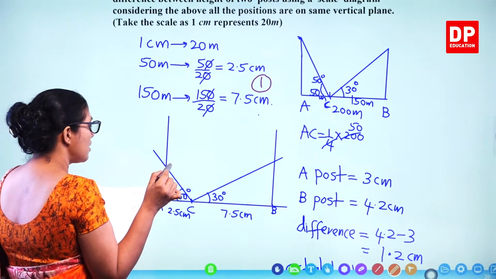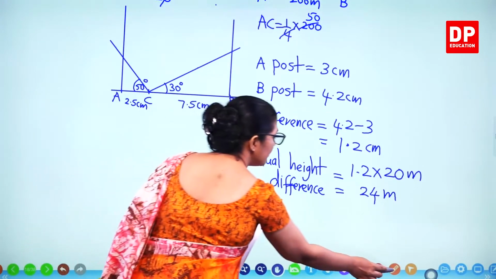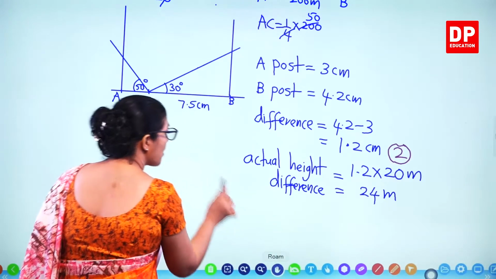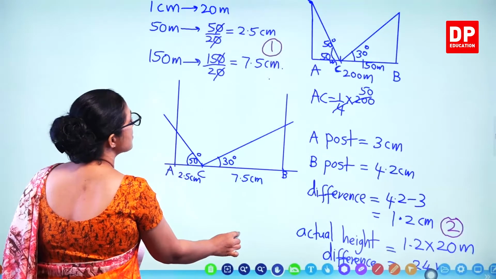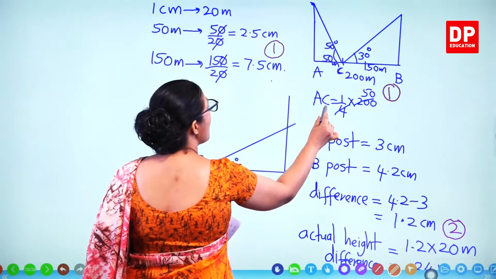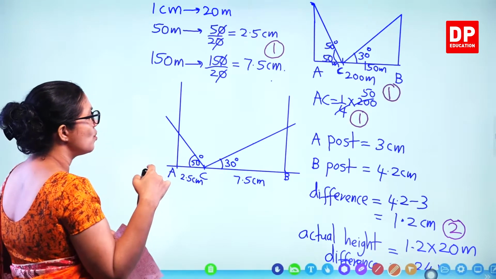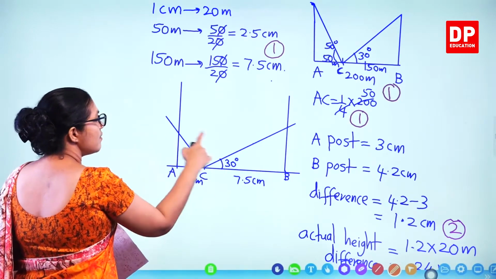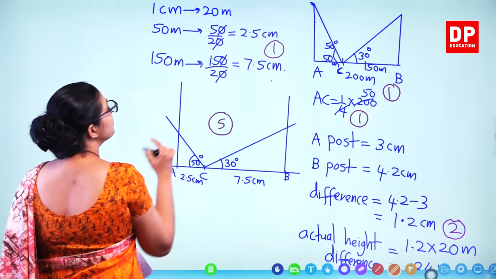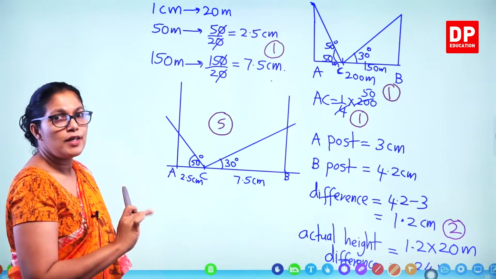And 2 marks for the final answer, taking the actual difference, and this one 7 marks. So 7 marks, 1 mark for the sketch, 1 mark for finding these values, AC, 2, and all these. You get 5 marks for this diagram. 5, 6, 7, 8, 9, 10, 10 marks for the whole question.